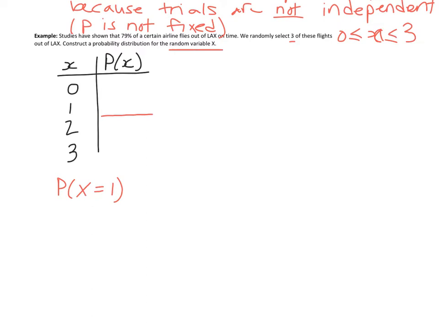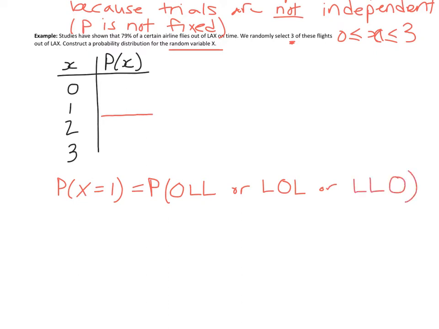If 1 flight is on time, let's break this down. I'll use O for on time, L for late. Out of 3 flights, if 1 is on time, it could look like the first one is on time, or it could look like the second one is on time. Or it can look like the third plane we choose is on time.